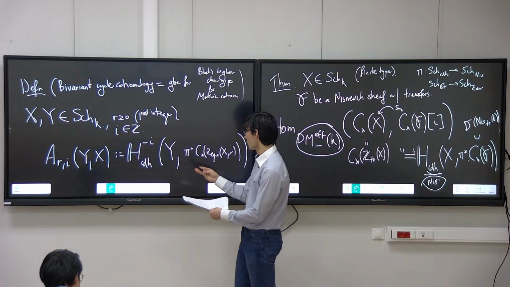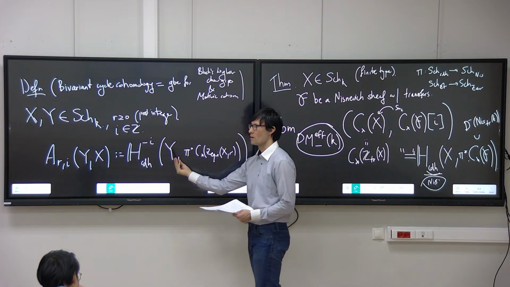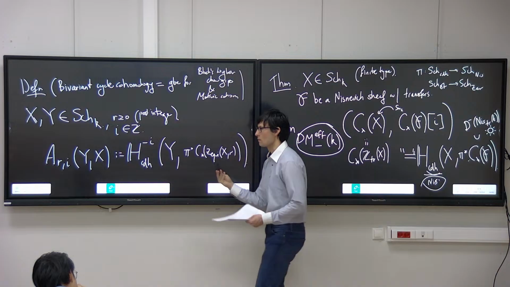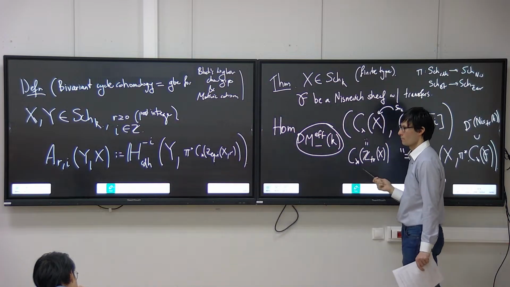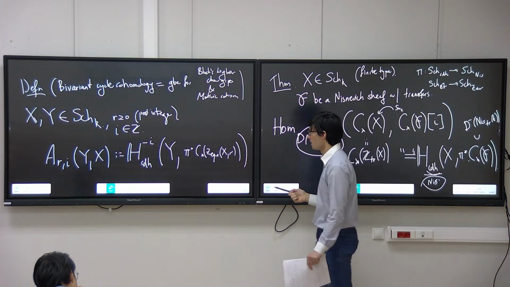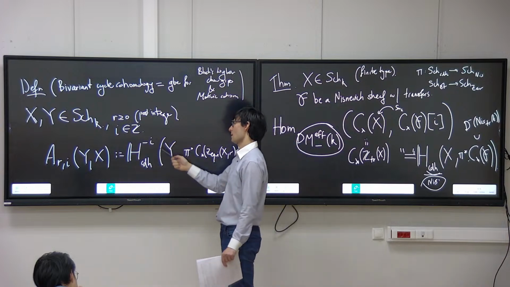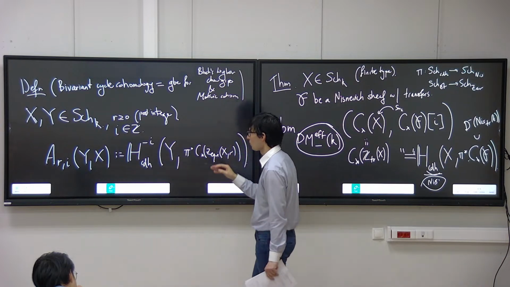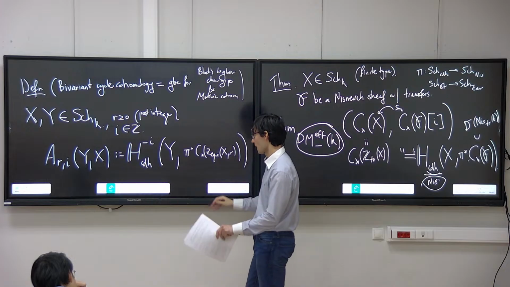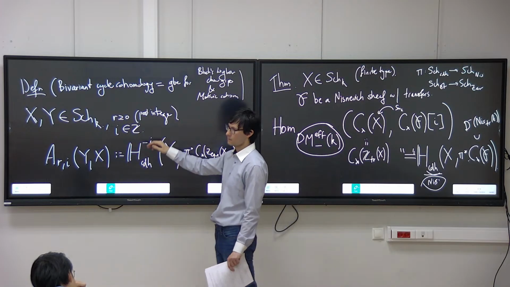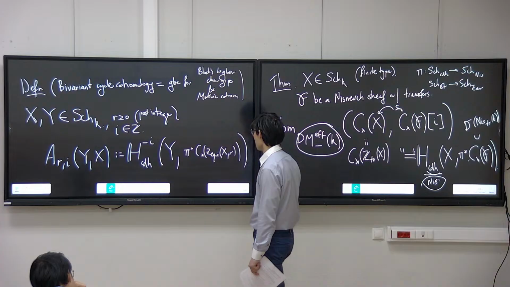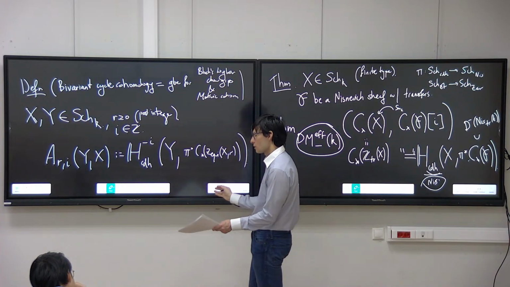We want to study morphisms from Y to X in our category of motivic complexes. And then this minus i index, this obviously worked out later on when the proofs happened, but there's some correct index thing here. And yeah, we want to study Bloch's higher Chow groups.